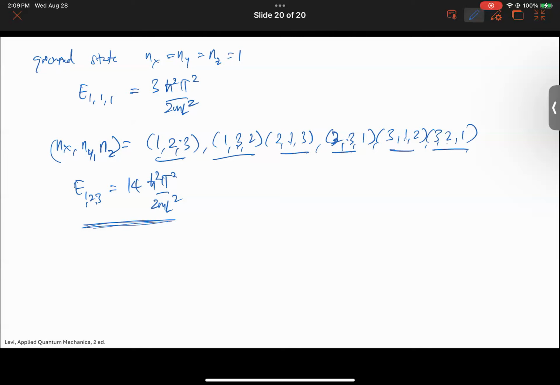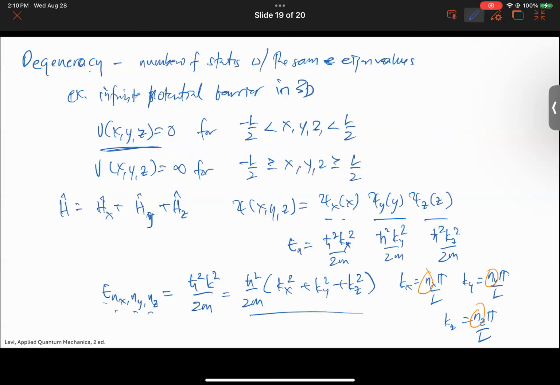So now we call these states degenerate states because they have the same eigenvalues. And this is six-fold degenerate. Again, the reason we have degeneracy of states is because of the symmetry in the potential.